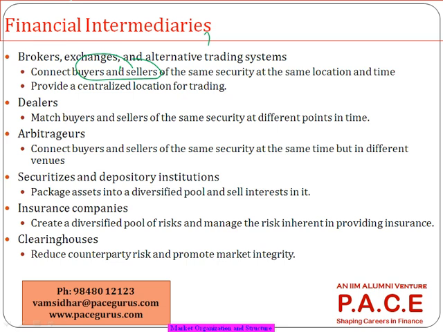Whereas when we are talking about a dealer driven market, each dealer has a separate price at which he can buy, at which he can sell. Those are the dealer driven markets. So there are dealers for some kinds of securities, and there is a centralized location for some kinds of securities, which is exchange driven. Then we also have arbitrageurs.